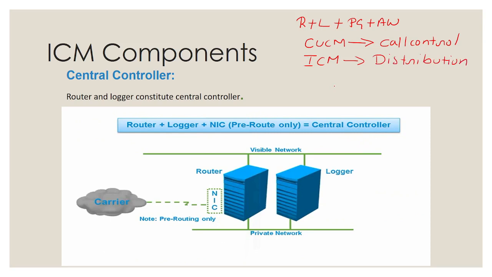When I say CUCM is a call control product, it can register a phone, it can route the call, it can do the digital analysis. So how is the CUCM different from the ICM, or how does the ICM do more things than the CUCM?